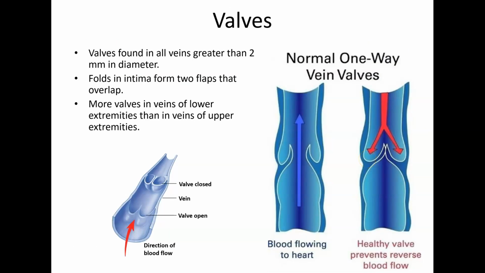Another thing that we need to mention when discussing veins is that they have valves. And we'll always find these valves in the veins as long as they are greater than 2 millimeters in diameter.